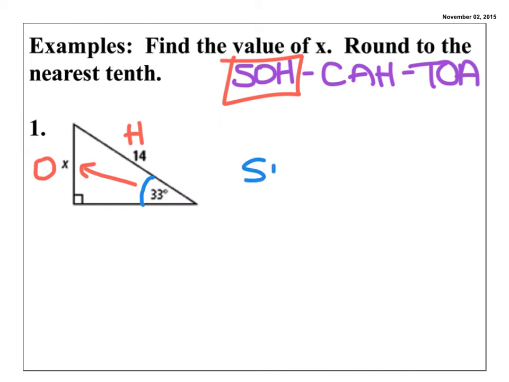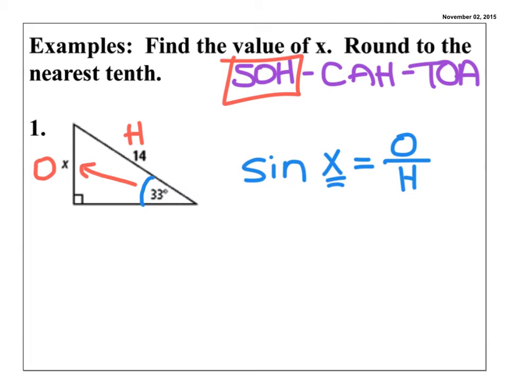A sine equation is written as sine of x is equal to opposite over hypotenuse. In this case, remember that x represents the angle measure in your problem. It doesn't represent the actual x in your problem. So let's plug everything in. I need an angle measure, an opposite, and a hypotenuse.